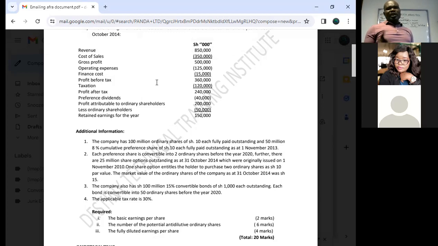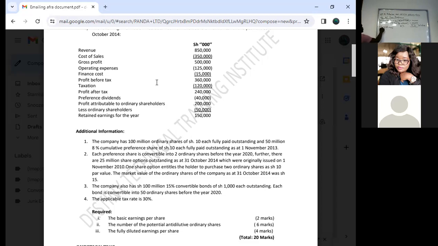One share option entitles the holder to purchase 2 ordinary shares at shillings 10 per value. The market value of the ordinary shares of the company was shillings 15. So let's go to options.